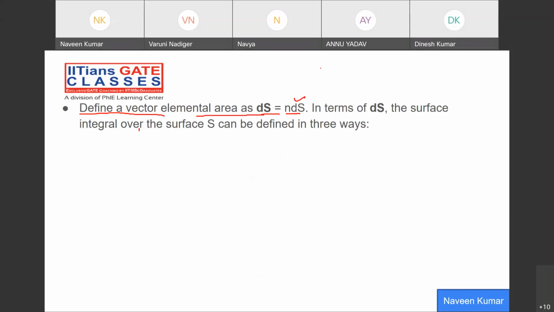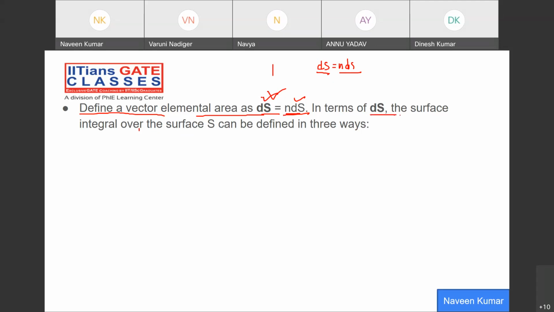Earlier we were using ds equals n ds for the line integral only. Now it is a surface integral, so this S defines the area, not the length. Earlier it was a small elemental length, now it is a small elemental area. Don't get confused with this.